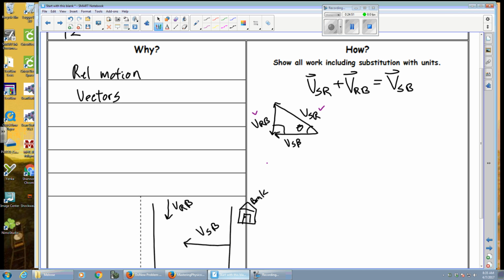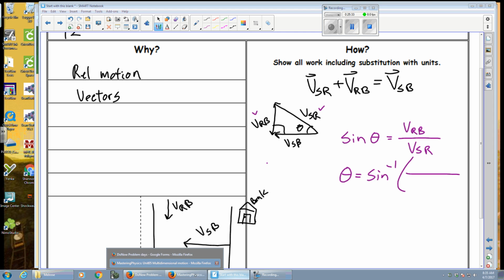Now we got to pull out the trig, right? What relates the opposite to the hypotenuse? Sine. So sine of theta equals VRB over VSR. Notice I've dropped the vectors because it's just magnitudes now. So theta equals inverse sine. Or do you guys use the term inverse or arc sine? Inverse. Inverse sine. It varies by who you match these roots.